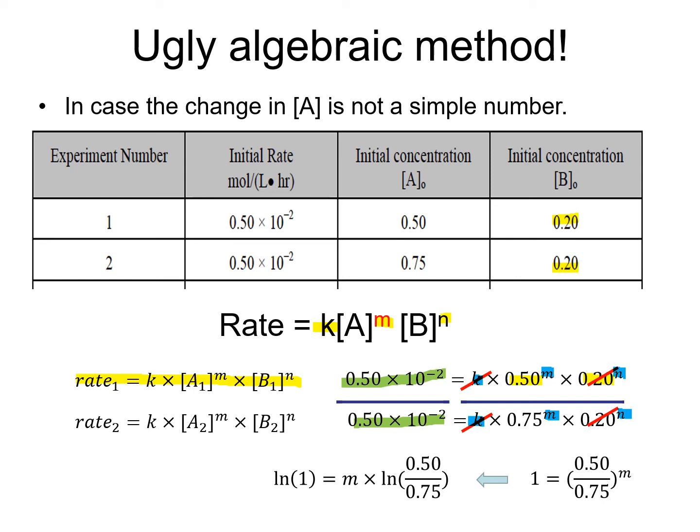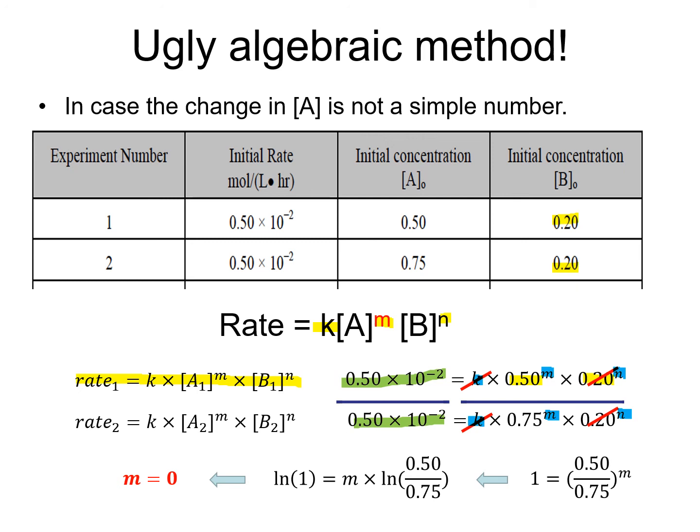Now I'm not even bothering plugging that in the calculator because, knowing that the logarithm of 1 is 0, the only way that equivalence may work is if M is equal to 0. So I can just save time and write M equals 0. So I figured out that the reaction is 0 order with respect to A.